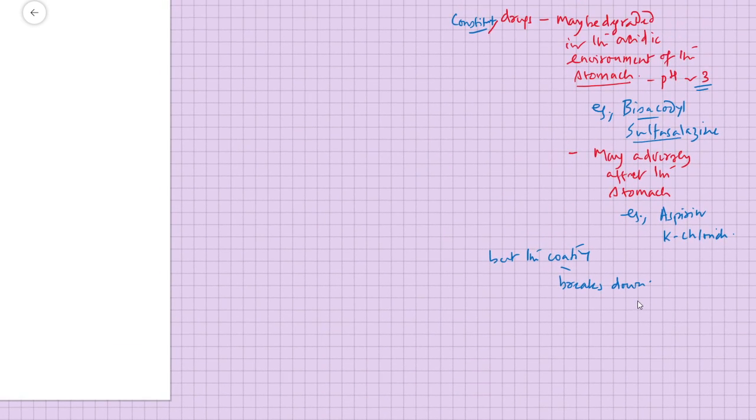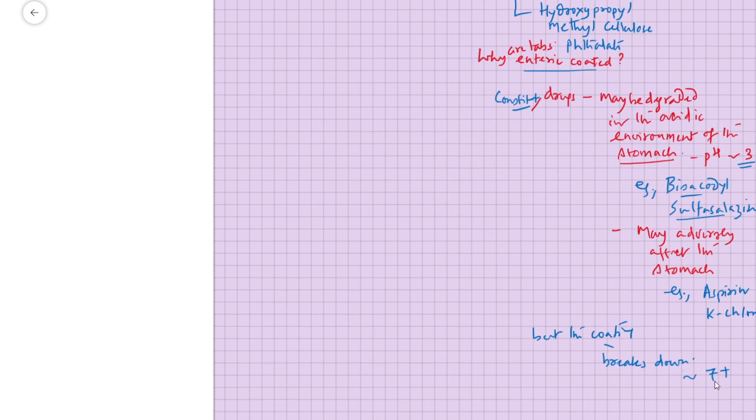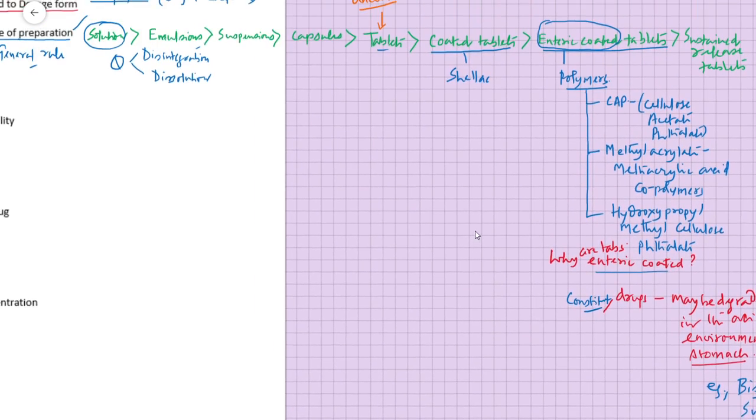The pH of the intestine is approximately about 7 plus. So in that alkaline environment, this coating breaks down and releases the drug, and then the drug gets absorbed in the small intestine. So now we know why it is enteric coated.